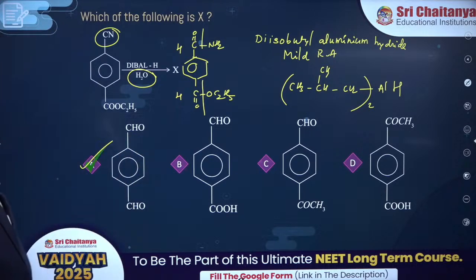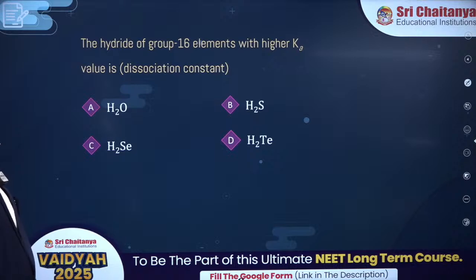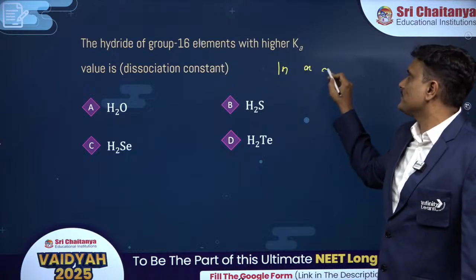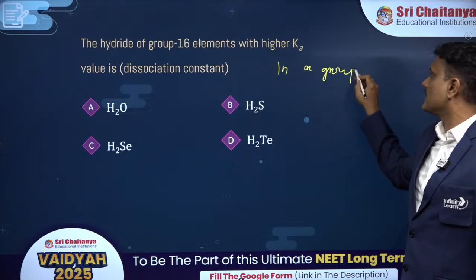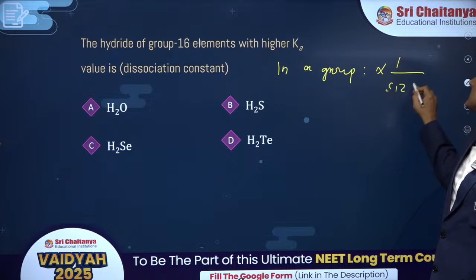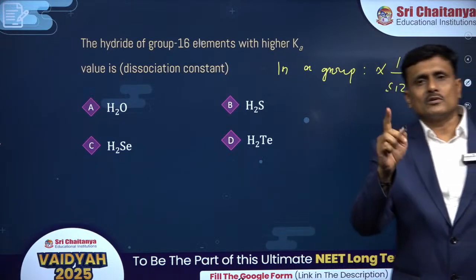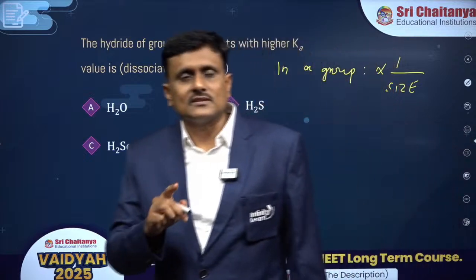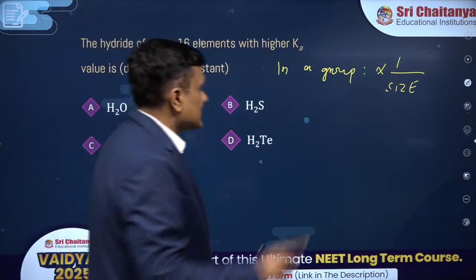Brilliant answering, buddies. Brilliant. Hydrides in a group, remember, easy questions. Always remember, buddies, acidic strength of hydrides in a group is inversely proportional to what? Size. In the case of hydrides, the more the size, the more the acidic strength, in a group.